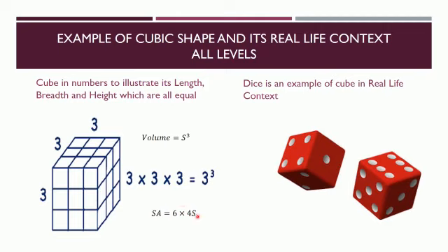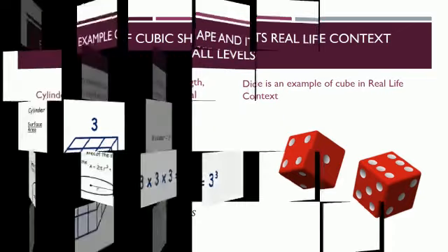If you remember in our 2-dimensional presentation, what did we say? The area of a square is S squared. Hence we have the surface area of a cube as 6 multiplied by S squared. An example of this in real life situation is the dice.